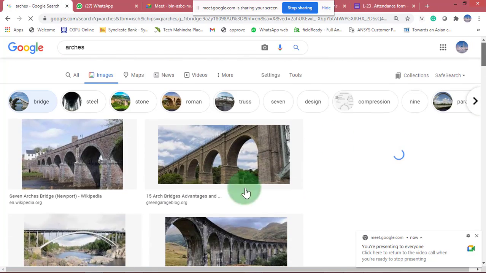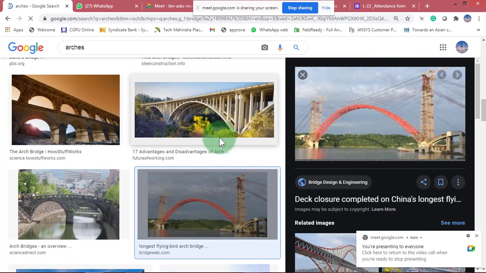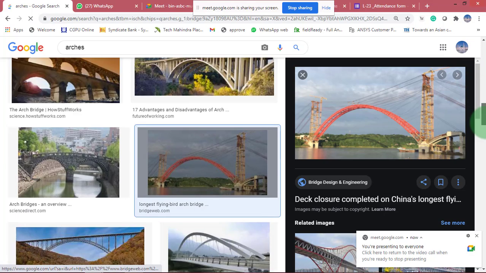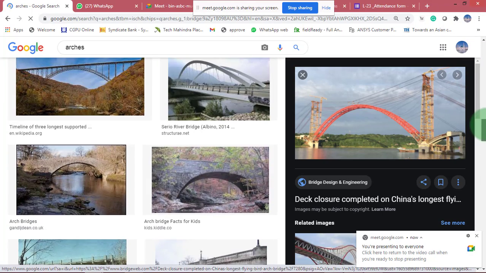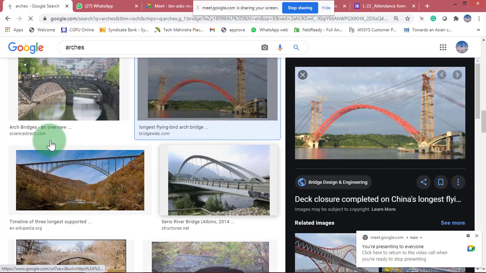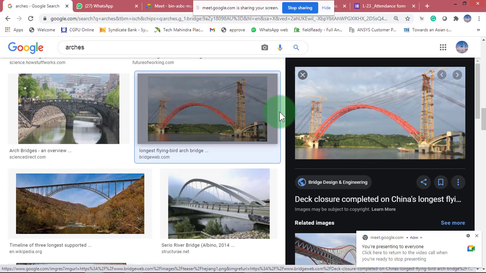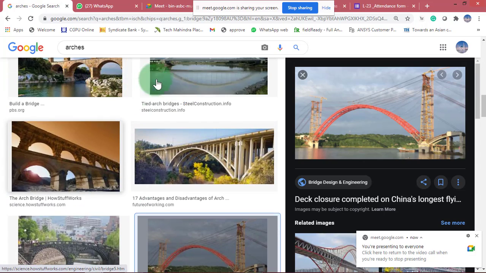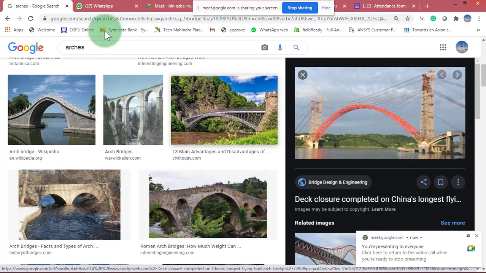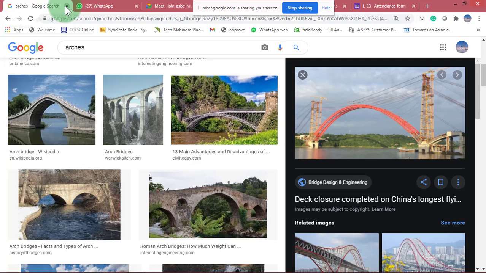So this is what arches are. Just keep in mind these photographs. These are called arches. They could be steel, reinforced concrete, stone, brick, whatever it is. These are known as arches. Okay, let us close it.